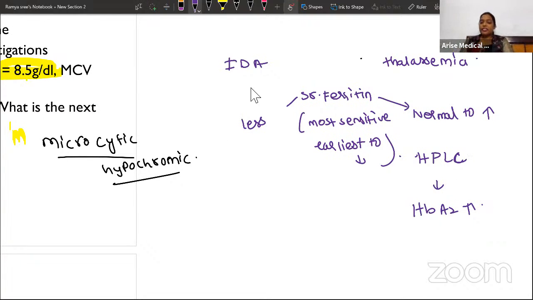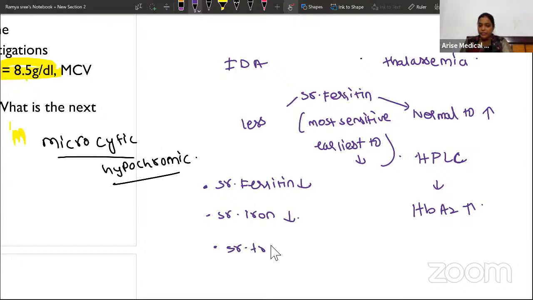In iron deficiency anemia, serum ferritin decreases. Serum iron decreases, but those starting with T, that is serum transferrin and total iron binding capacity, both will increase.